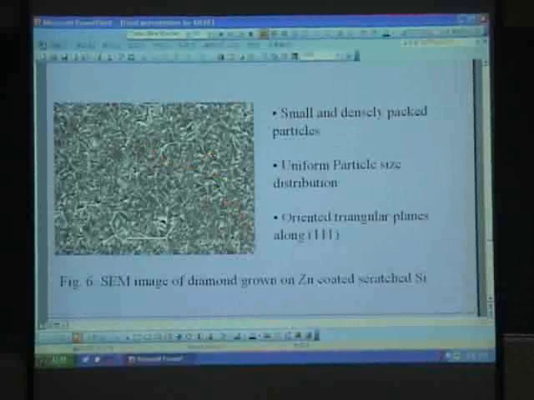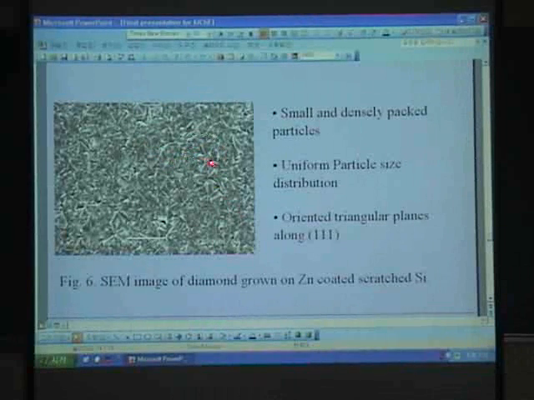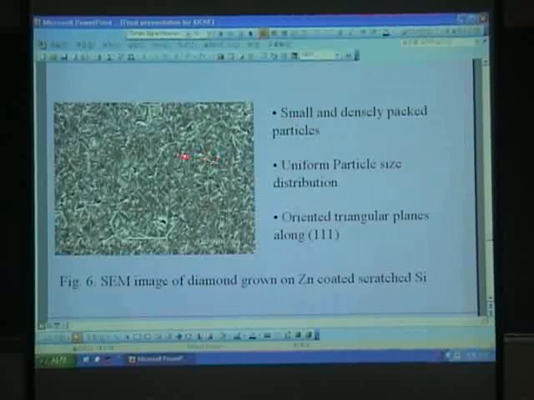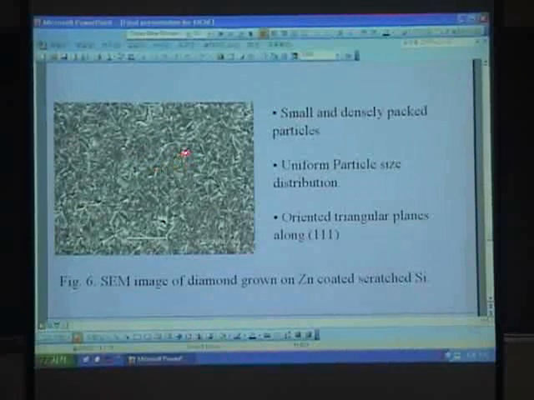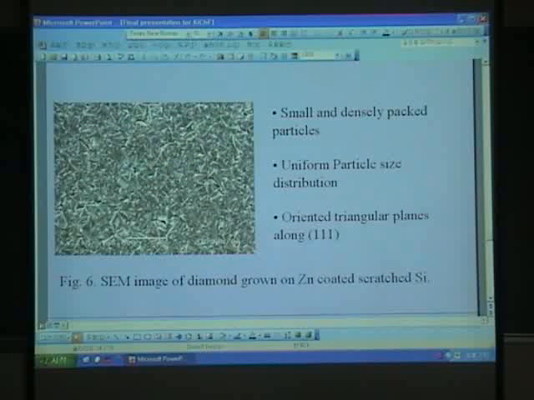This scanning electron microscopy image is on the zinc film. We use zinc here as a buffer layer, so it is evident from the picture that there is a high density growth film here and the crystals are very small and very uniform. All crystals have the 111 plane.